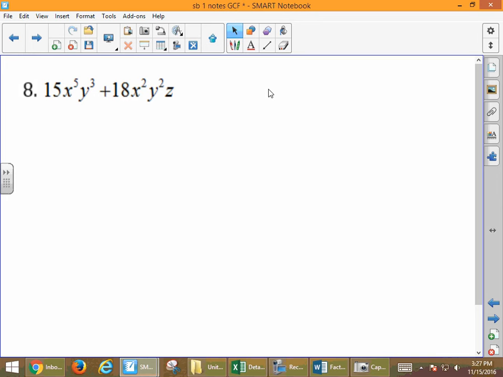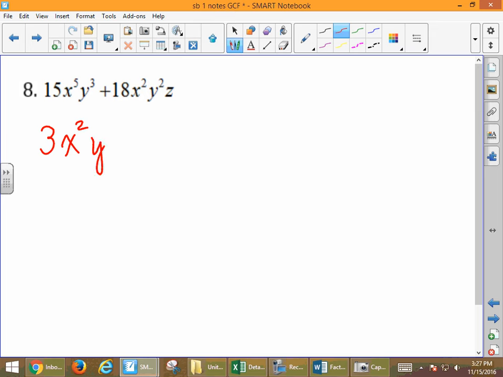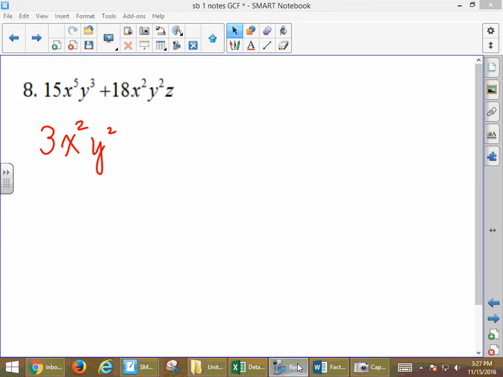Well, the biggest number that divides into 15 and 18 evenly is 3. In terms of our exponents here, we have an x to the 5th here, and we have an x squared there. Remember that we take the smallest exponent. We have y cubed and we have y squared. Once again, we take the smallest exponent.